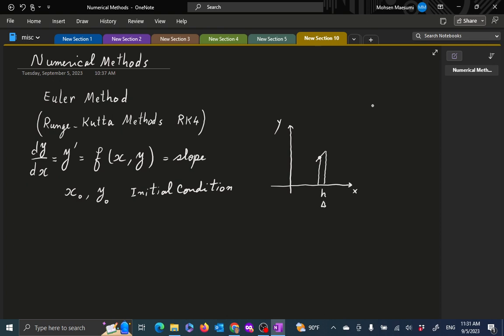So h or delta x or delta t or step size or any kind of a name of that type, it indicates to us how far to go horizontally before we recalculate our slope and perhaps make a correction and go in a certain new direction. And again, we are going to go a certain horizontal displacement h again, and after that we do our recalculation.